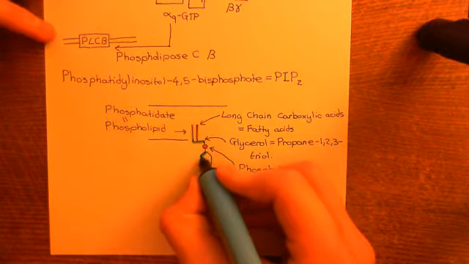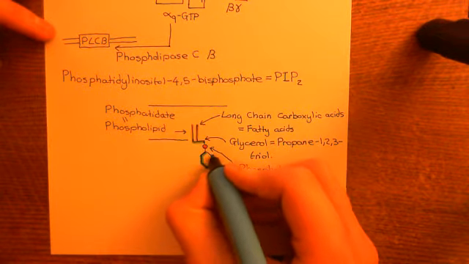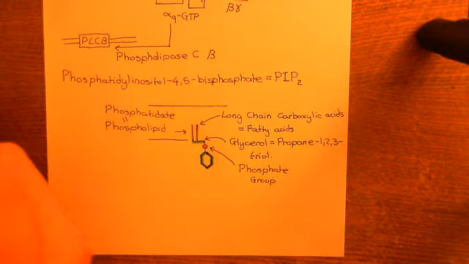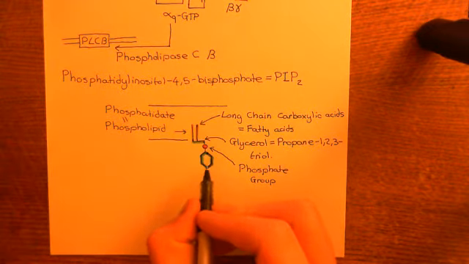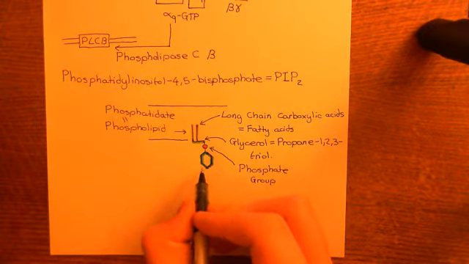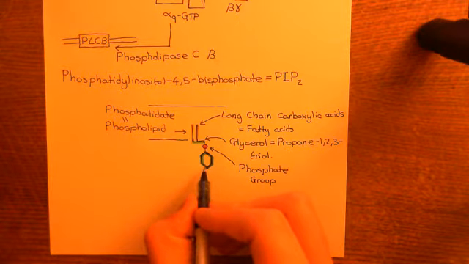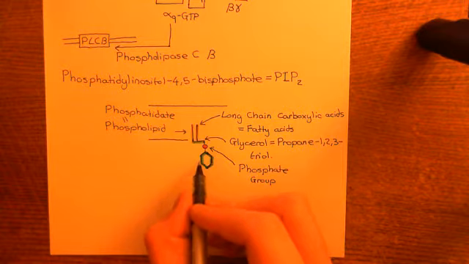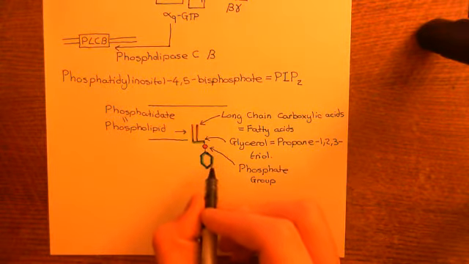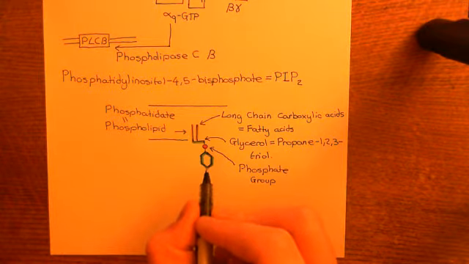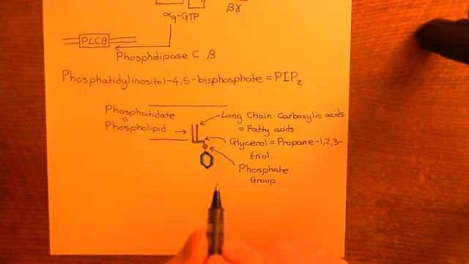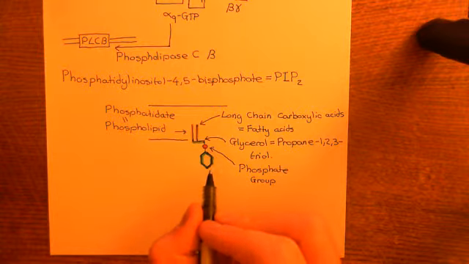So inositol then. What is the structure of inositol? Inositol is a six-membered carbon ring, hence me drawing a hexagon, where all of the bonds within the ring are single bonds. That means that every carbon in this six-membered carbon ring has two free bonds that I still need to fill. So to each carbon, I bind one hydrogen atom, and then I also stick an alcohol group onto each one.